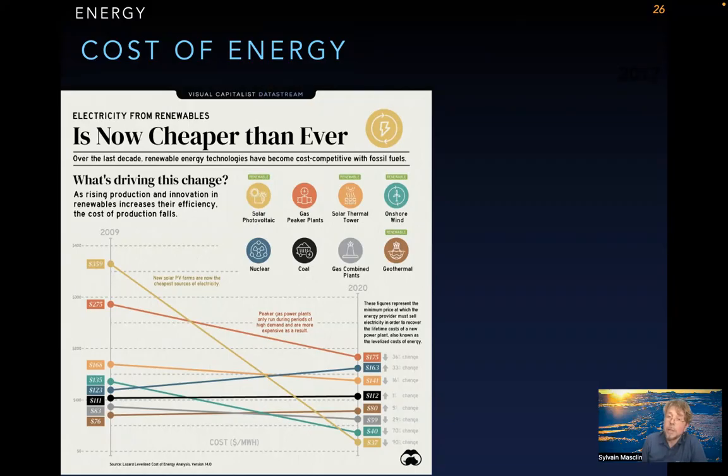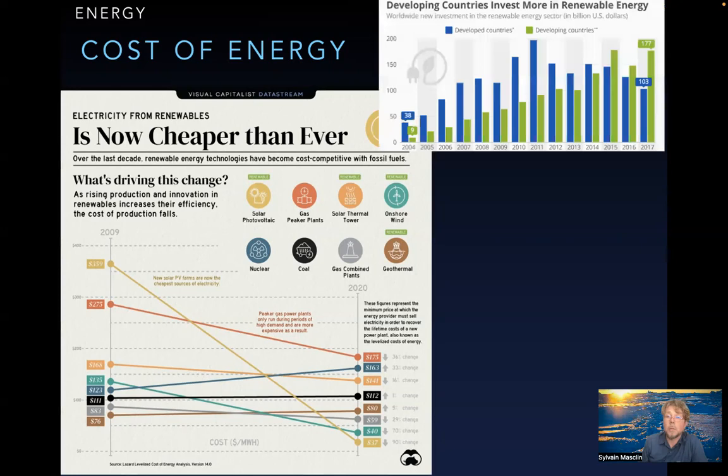Unfortunately, not everything is as great because most of the investment nowadays is not made in the developed countries, but in fact in the developing countries. With the crisis of 2008, 2010, before that crisis, the developed countries were making huge investments into renewable energy. But because of the market going down, those countries decided to cut their share of investment in renewable energy.